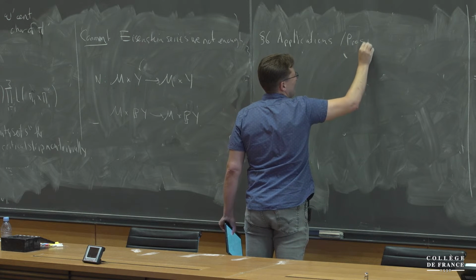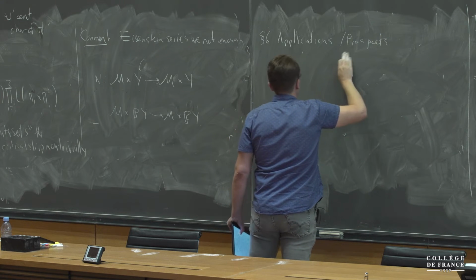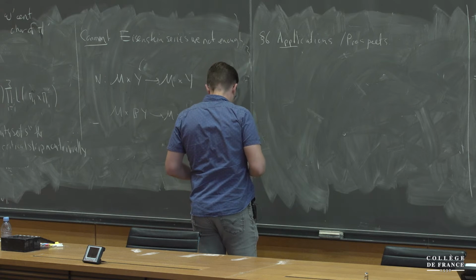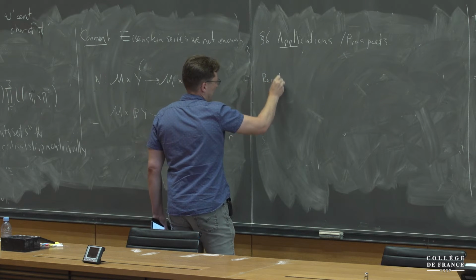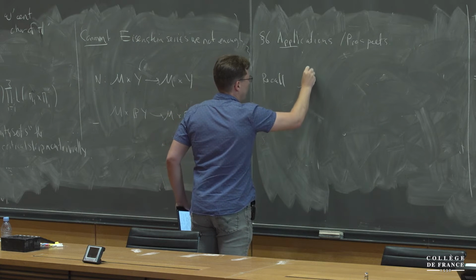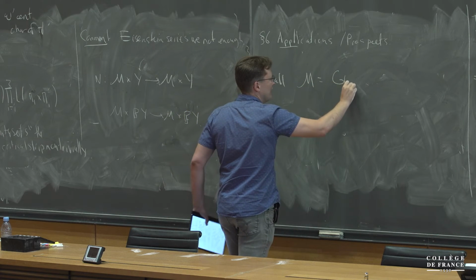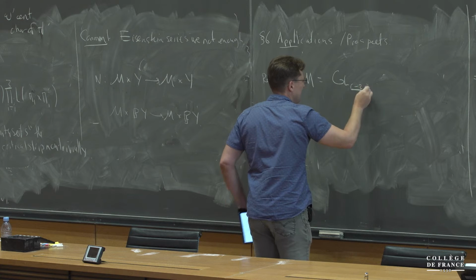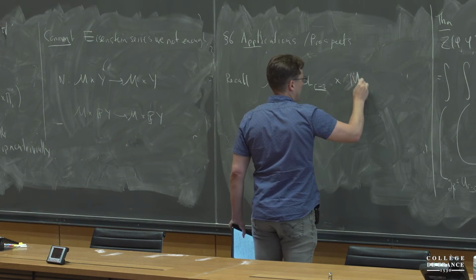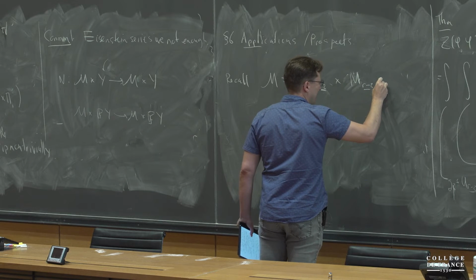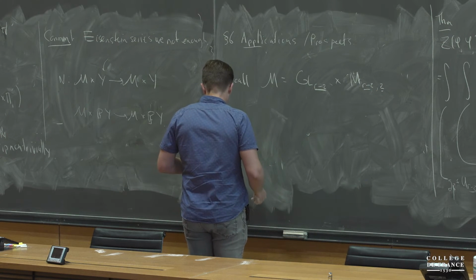I already talked about prospects, but let's recall that M is just GL_{r-2} cross M_{r-2,2}, okay?